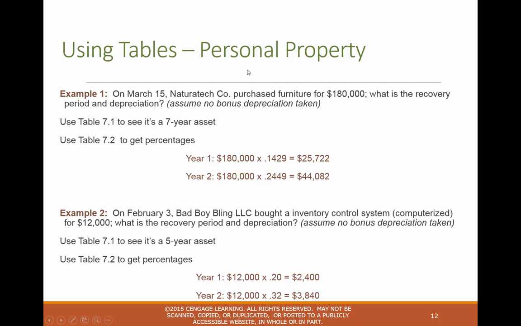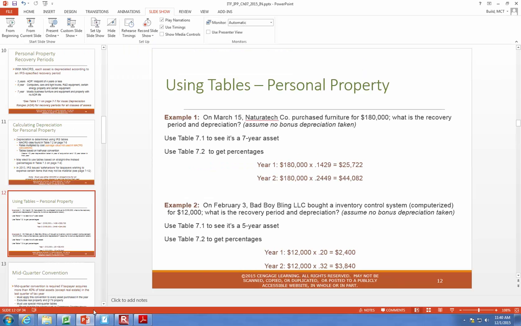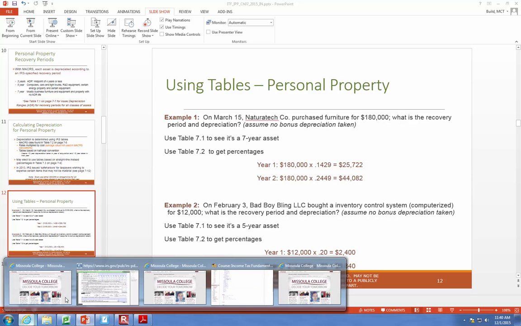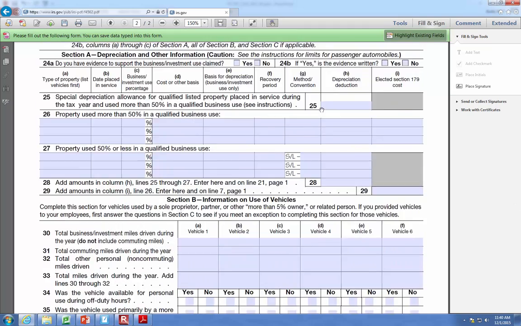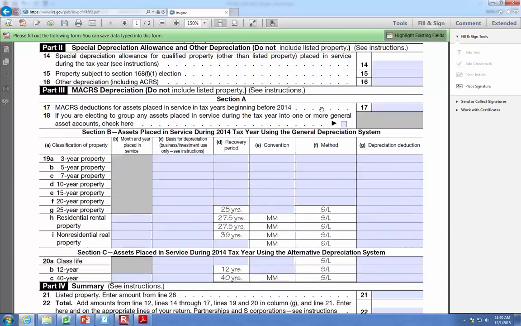Okay, so now we're going to go, does everybody have those two numbers jotted down? Let's go to our 4562. Where do you guys think in year 1 this furniture is going to go?